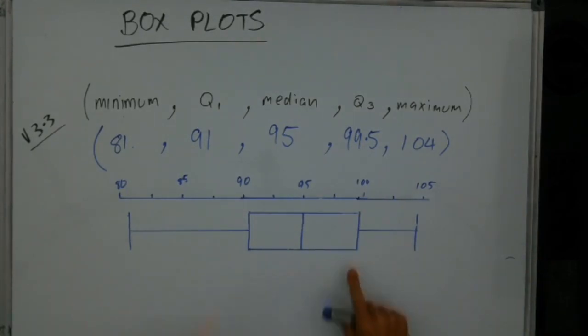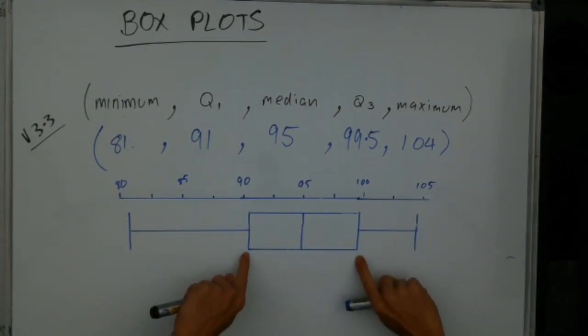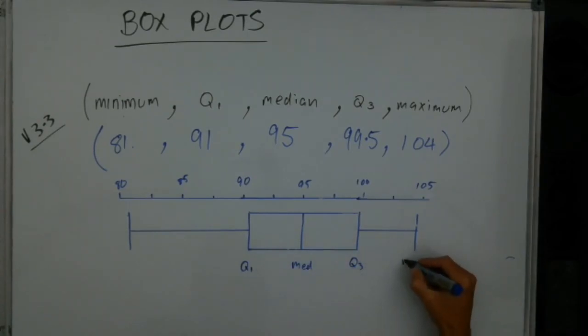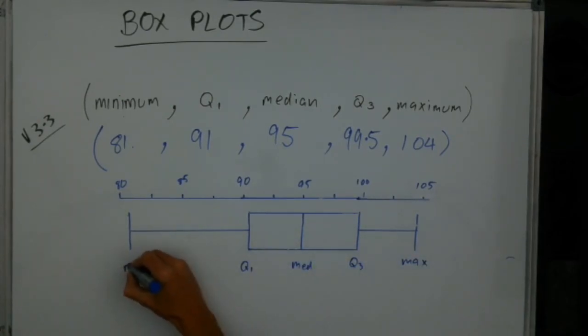Let's just write these on: Q1, Q3, median, max.